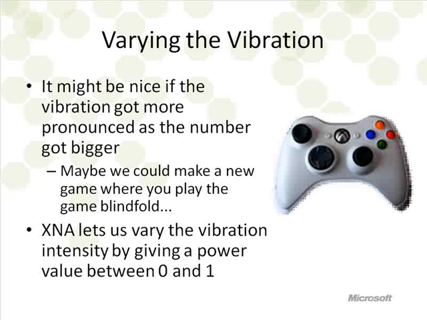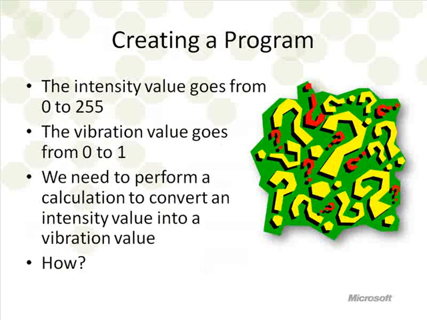Okay, so we have to do some conversion here. We have a slight issue. We know the intensity value we're starting with goes 0 to 255, and the vibration value goes from 0 to 1. And so we have to do a bit of maths. Computing and maths tend to go together very well, although there's not as much maths in computing as you might think. Most of the time you're trying to think of a recipe.